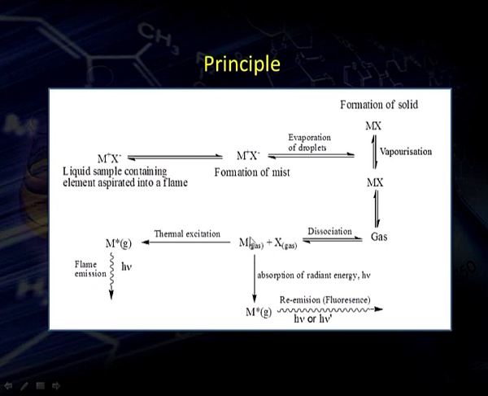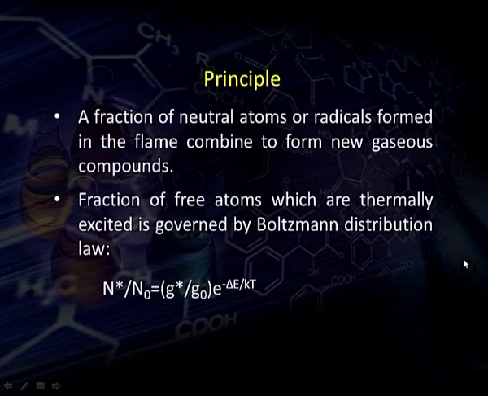The second process is this metal M undergoes absorption of radiant energy h nu, and again M star is formed, and here re-emission takes place, which we study under the technique fluorescence. A fraction of neutral atoms or radicals formed in the flame combine to form a new gaseous compound.